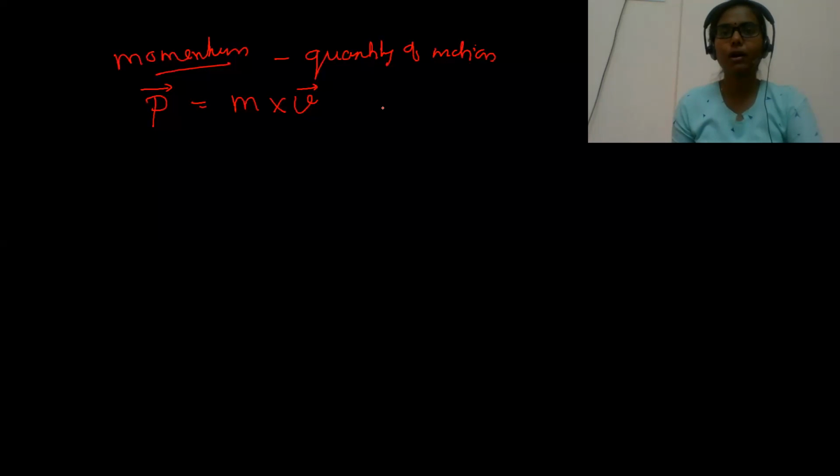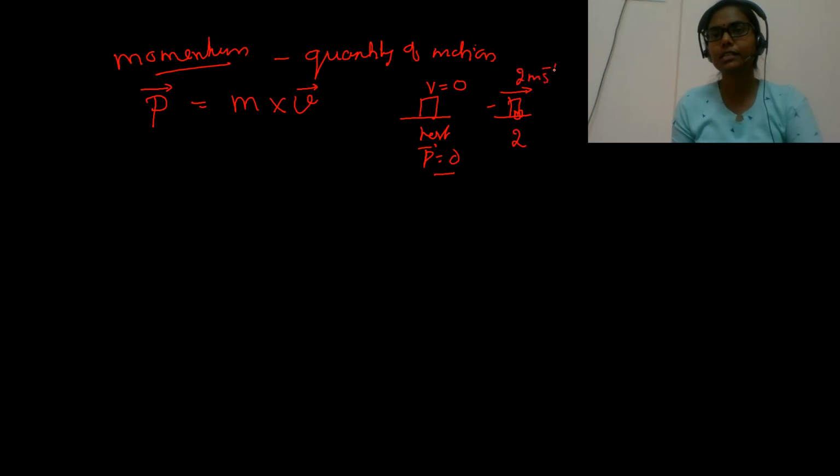Suppose a body is not moving. When the body is at rest, its momentum will be zero, because when a body is at rest, its velocity is zero. So that body's momentum will be zero. Suppose the body is moving, then it will have momentum depending on the velocity. Let us take a body having a mass of 2 kg, moving with a velocity of 2 meters per second.